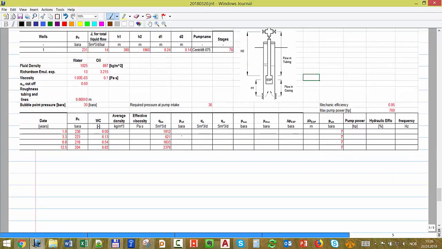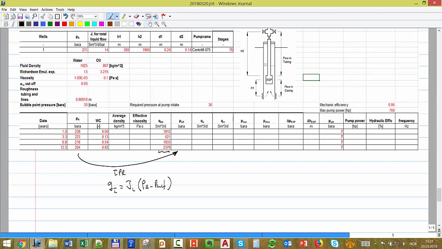Okay, so we want to calculate. First we have the rate. Then we go from reservoir pressure and calculate PWF, which we do with the IPR equation. We're going to use exactly the same one. Here, for total liquid, Q equals J for total liquid times (PR minus PWF).